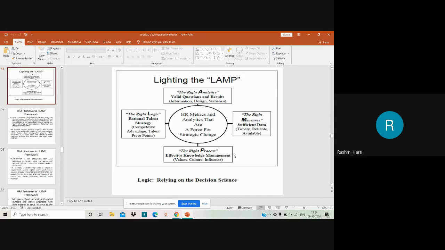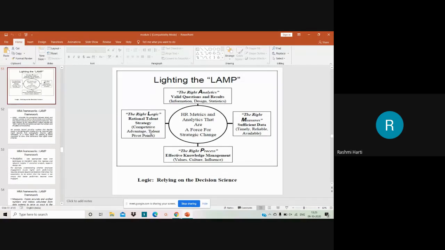Then coming to the next, that is process, which is effective knowledge management. Process is where you have to implement whatever is being measured and analyzed. For that, effective knowledge management is required. You need the right values, right culture, and right influence in the organization to implement the change.